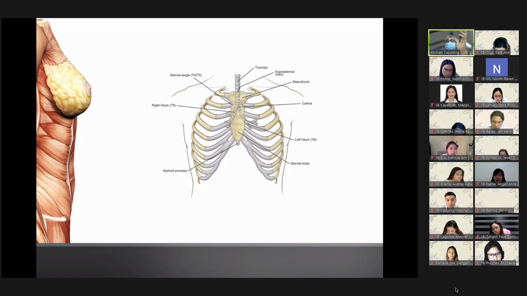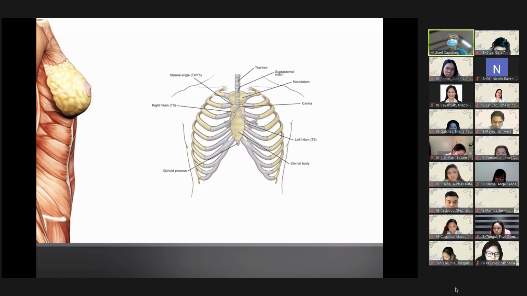And what landmark can we use? So number one, we can make use of your suprasternal notch. So your suprasternal notch would be at the base of the neck, where you can feel it. So there's a depression here. So the one that I'm showing you. So the depression at the base of the neck, and at the start of your manubrium. So that is your suprasternal notch.